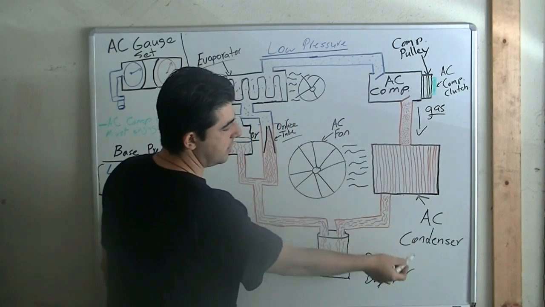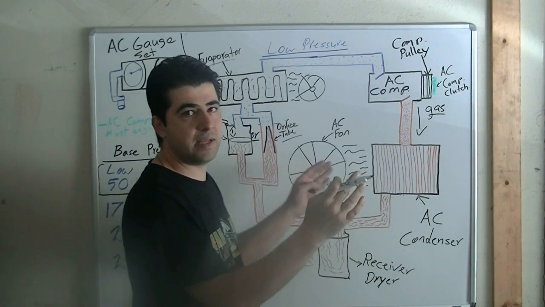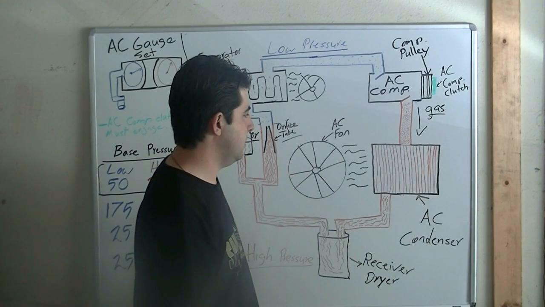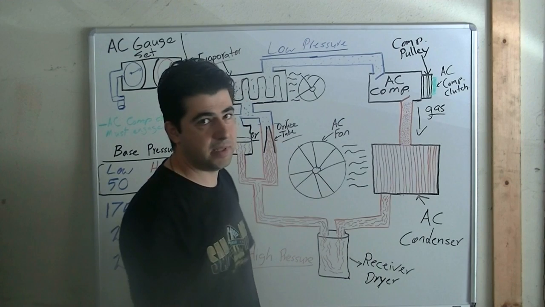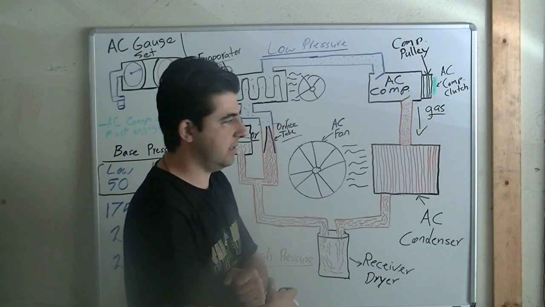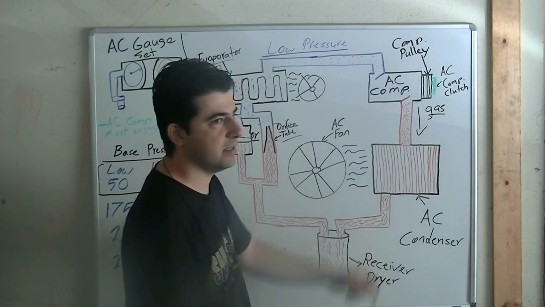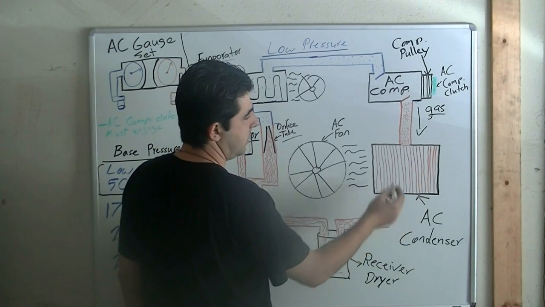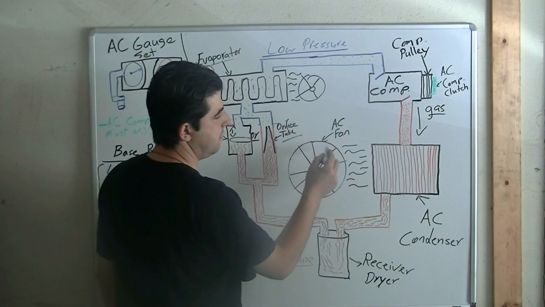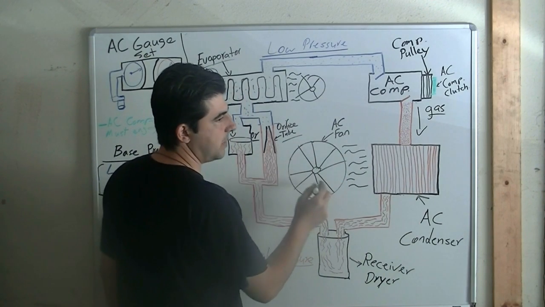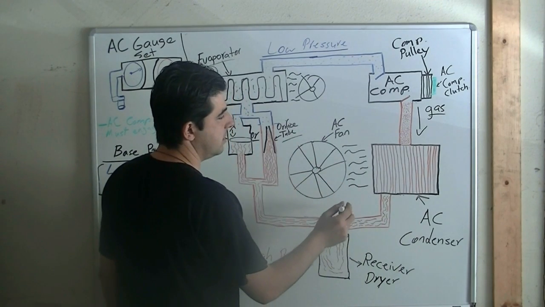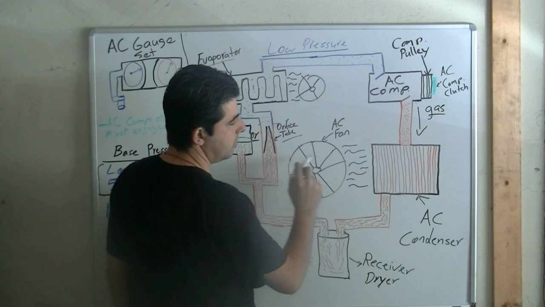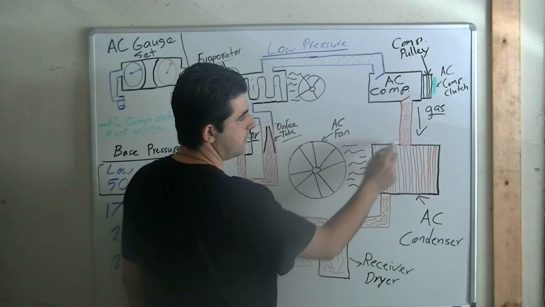Once it gets to your AC condenser, which is a radiator-looking thing that's in front of your car next to your radiator usually, and I'm sure people have probably mistaken it for a radiator all the time, but it's not. It's your AC condenser. When it gets to your AC condenser, your AC fan or your radiator fan, depending on your car, turns on and blows air over it, and it cools the refrigerant.